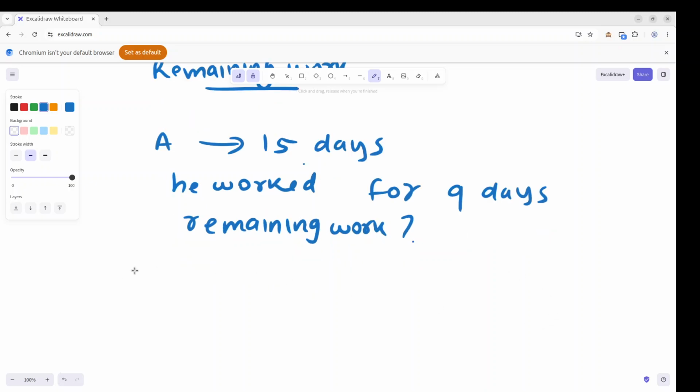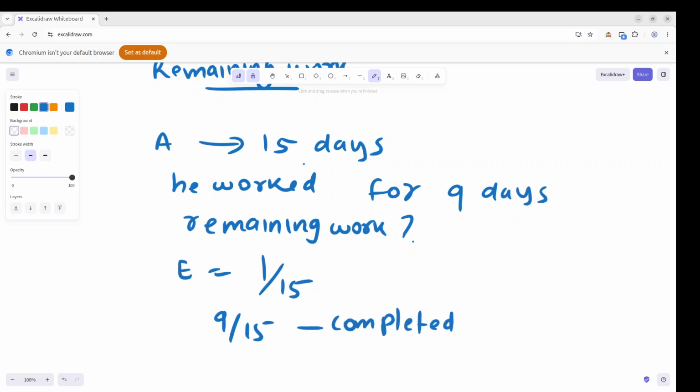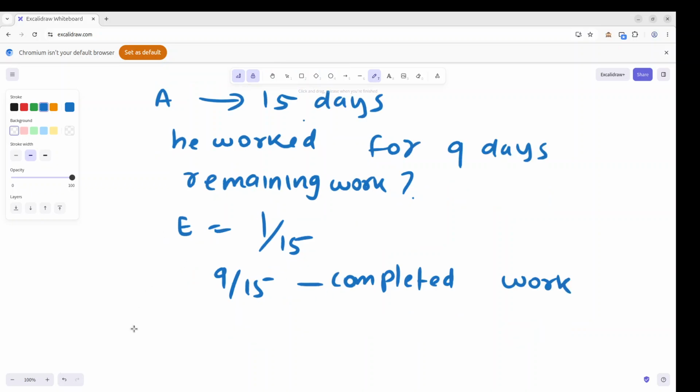In the question, it is given that A can complete a work in 15 days. So his efficiency is 1/15. He worked for 9 days. So in 9 days, the work completed is 9/15, right? It is the completed work. We need the remaining work.